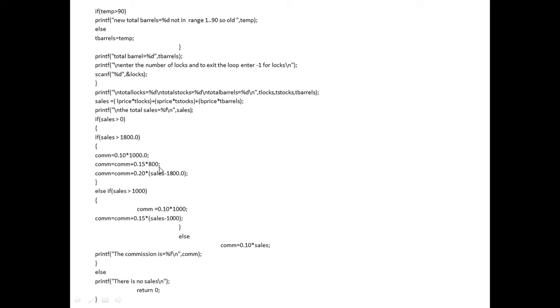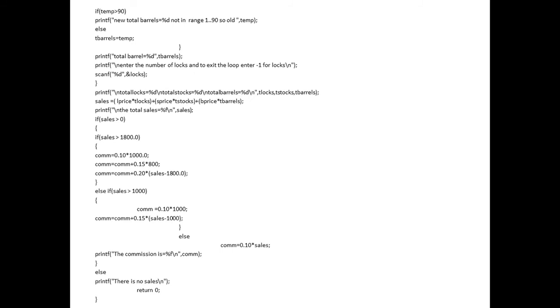If sales is greater than 1800, for the first 1000 you will get 10% commission. That is what they've given in this statement. And next, coming to the next commission calculation: in 1800 we have done with 1000, and for the next 800 you will get 15% plus the previous commission.